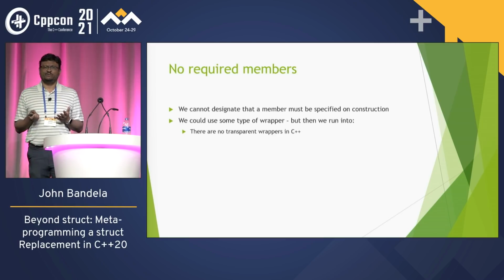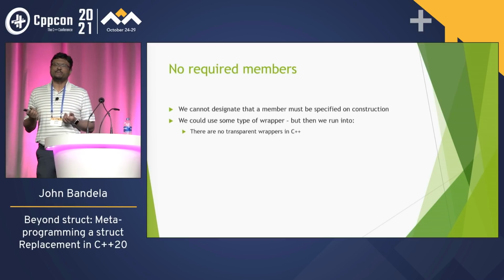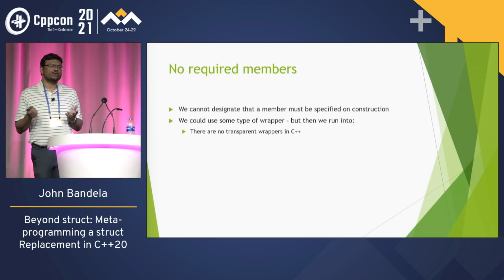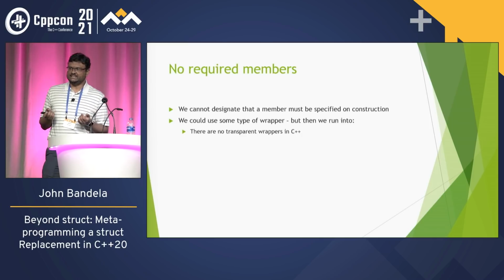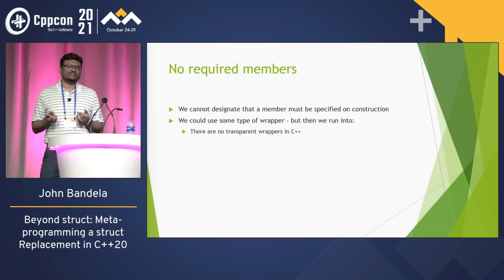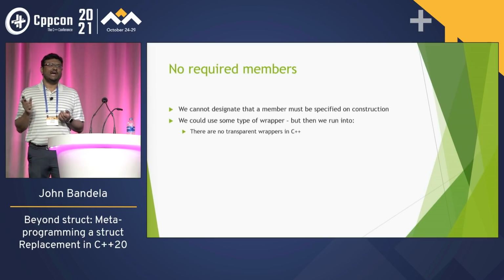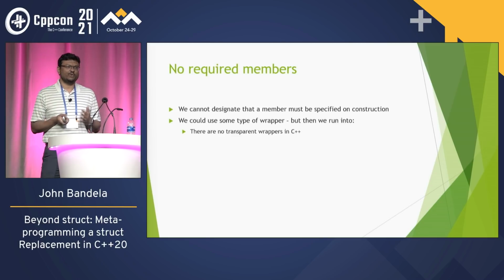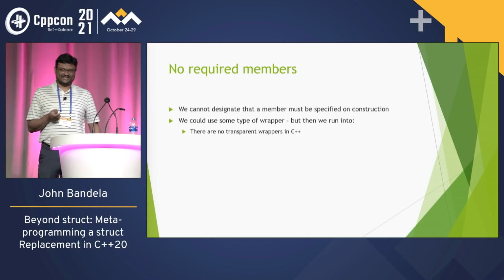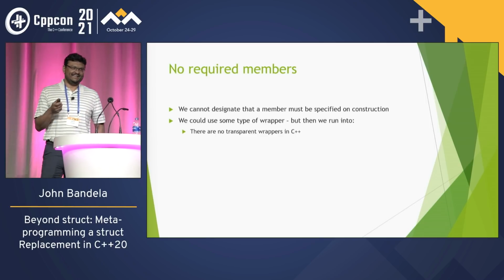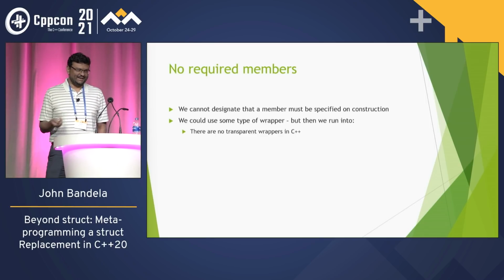There's a way to hack around it: we can write ourselves a required template that deletes the default constructor and wrap our type in there. But the problem is in C++, there are no transparent types. And once you start trying to write a transparent type, you'll run into all these edge cases where it works, but it doesn't work. That's a hat tip to Titus, who keeps on reminding me of that.